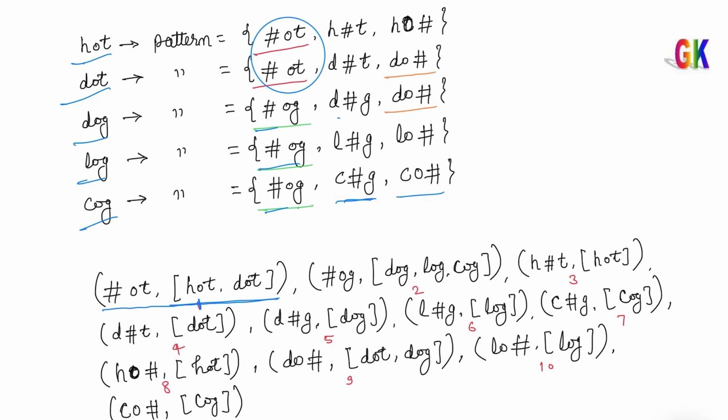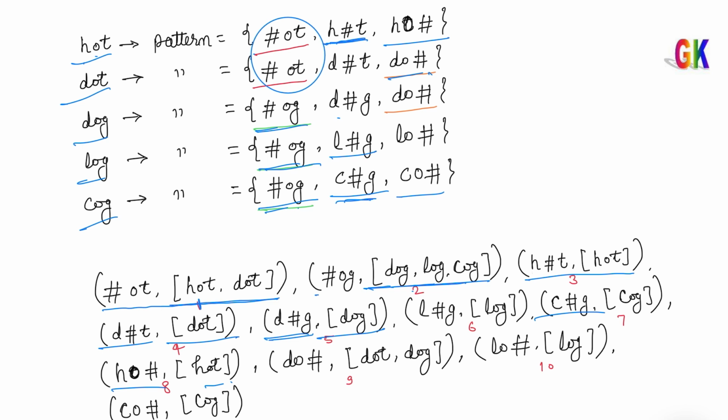In the same way for *og, there are 3 words: dog, log, and cog. This is the second pattern. For h*t, there is only one word, hot. For d*t, only one word, dot. For d*g, one word only, dog. For l*g, and c*g also in the same way, one word only. For ho*, there is only one word, hot.